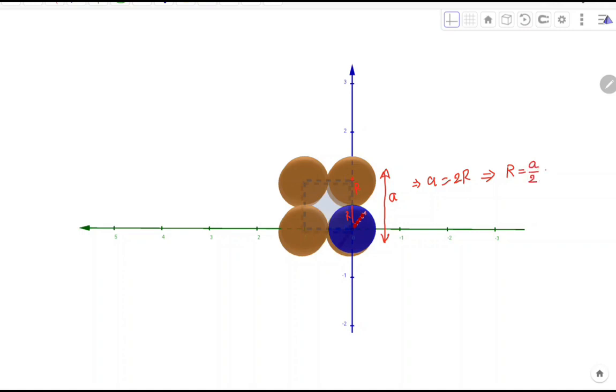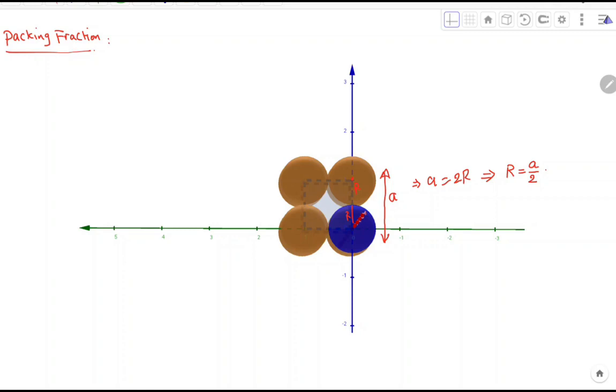Now let's define the packing fraction. The packing fraction is defined as the fraction of space filled by touching spheres at each lattice point.